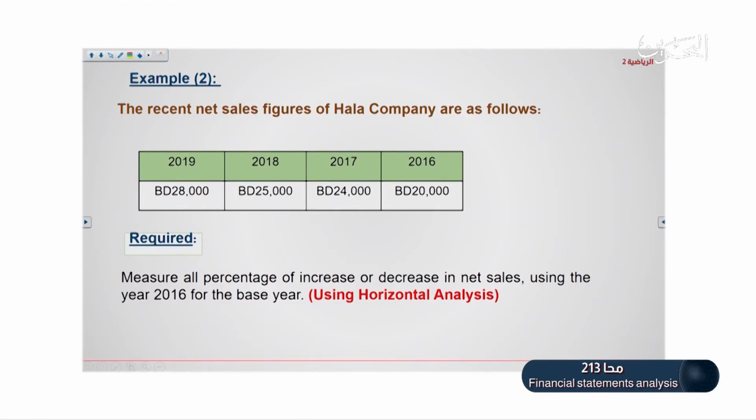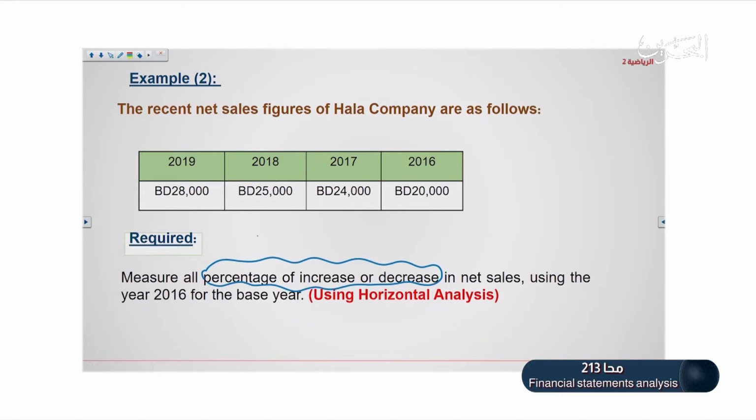Okay, let's see example number 2. The recent net sales figures of Hala company are as follows. The same, we have 4 years: 2019, 2018, 2017 and 2016. Let's see what's required. Measure all percentage of increase or decrease. Unlike the previous example, they want the relation.